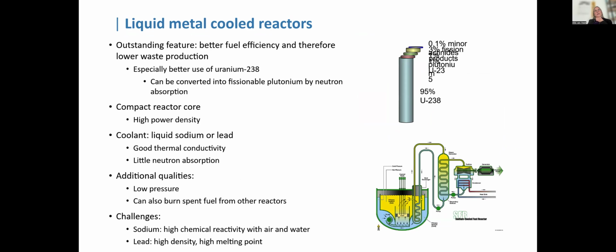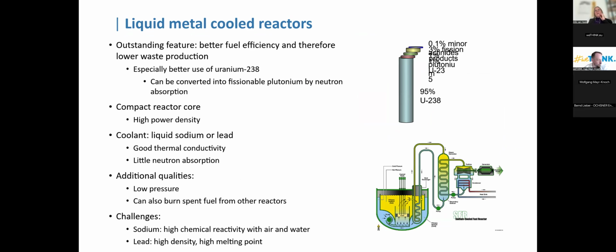So the liquid metal cooled reactors, where the metal is sodium or lead that is heated until it becomes liquid. There, the outstanding feature is that you have a really better fuel efficiency and therefore lower waste production. That's especially because of the better use of uranium-238.